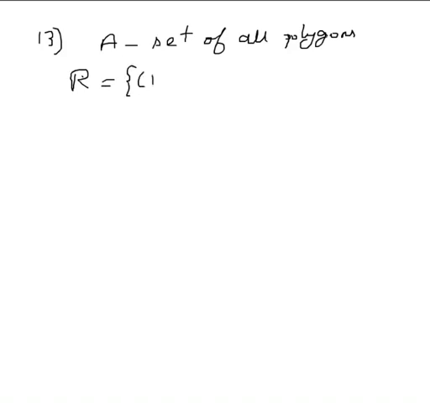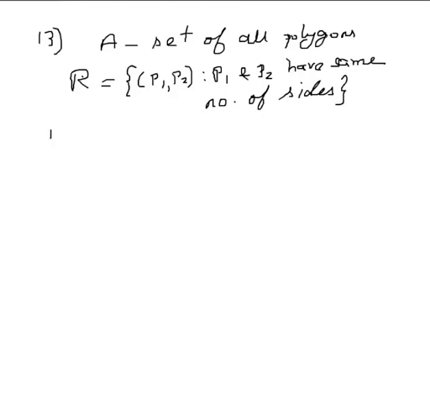Question 13. Show that the relation R defined in the set A of all polygons. So A is the set of all polygons, and R is the set of all P1, P2 such that P1 and P2 have the same number of sides.